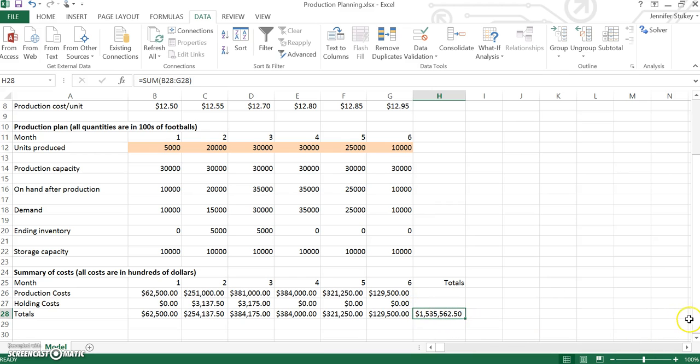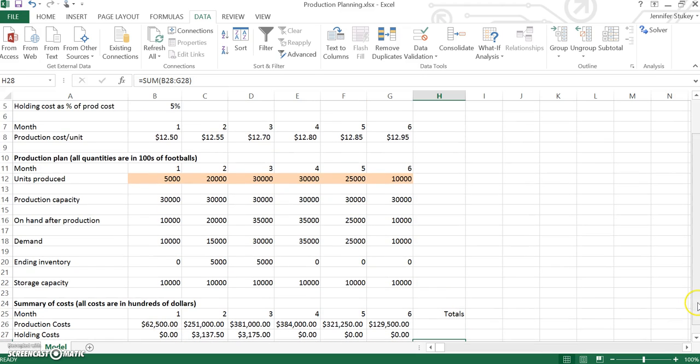And in order to minimize these costs, we are going to produce 5,000 units the first month. We're going to produce 20,000 units the second month. We're going to produce 30,000 units the third month, 30,000 units the fourth month, 25,000 units the fifth month, and 10,000 units the sixth month.